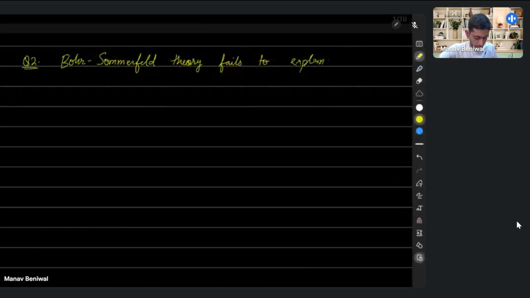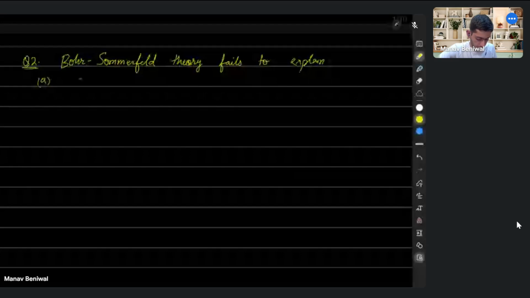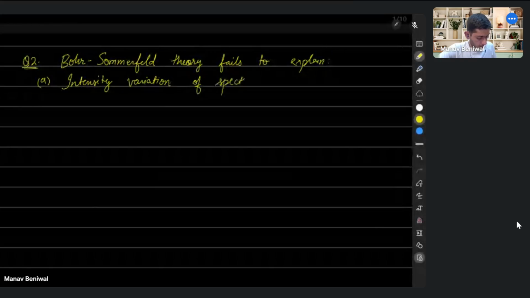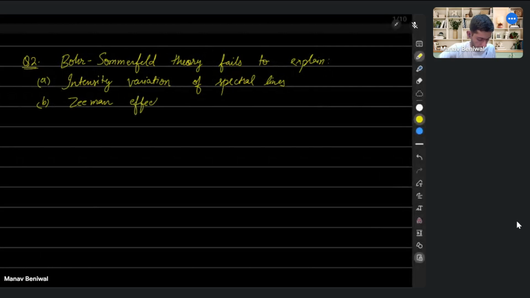So our options are intensity variation of spectral lines, Zeeman effect, Stark effect, or all of the above.